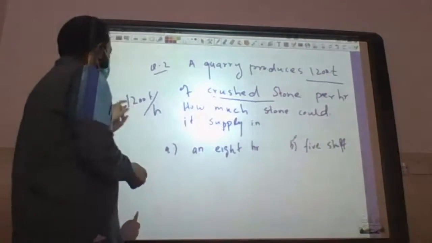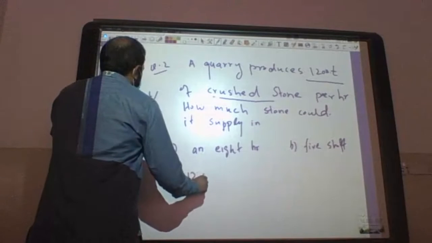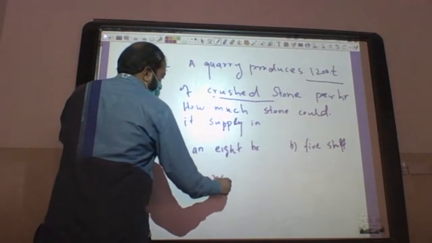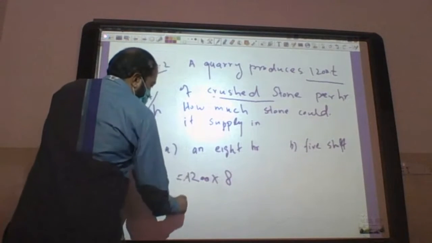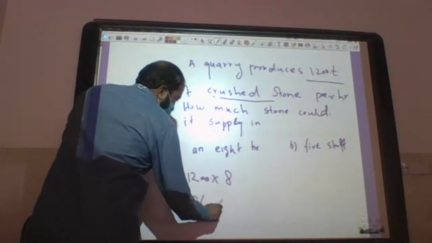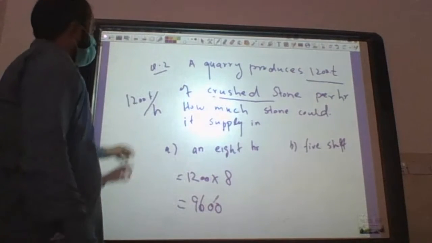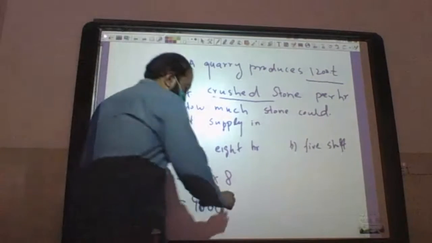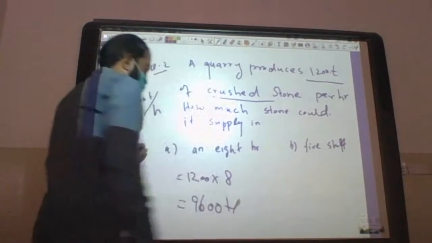What I will do is take 1200 multiplied by 8, which is 9600.